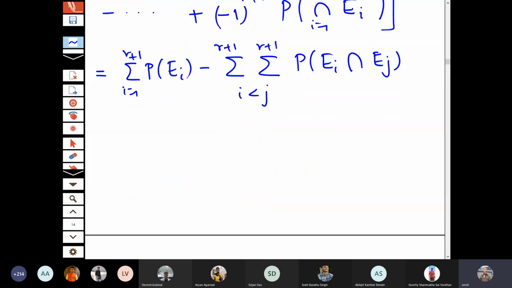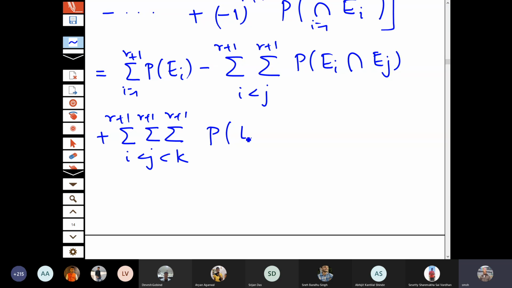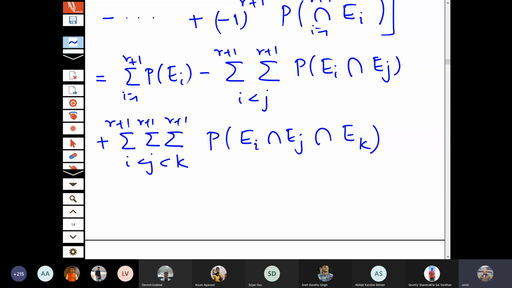So this becomes simply triple summation I less than J less than K, up to R plus 1 here, EI intersection EJ intersection EK. So basically what is happening is that the terms which were left out in the initial sum up to R are added with the additional term R plus 1 here.